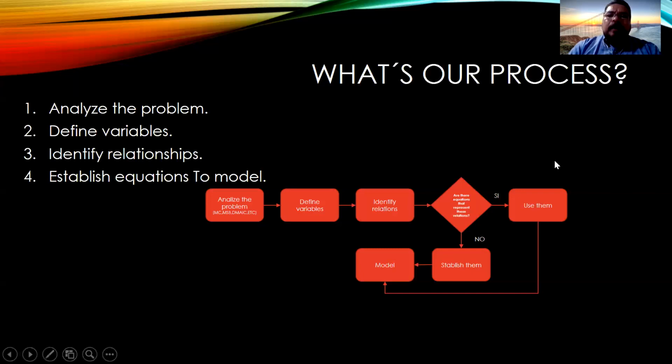But most of the time, we are going to find out that there are equations already defined for the relations that we are searching for. And maybe the thing that we need to do is to have a very profound analysis and investigation to review as many papers as we can.